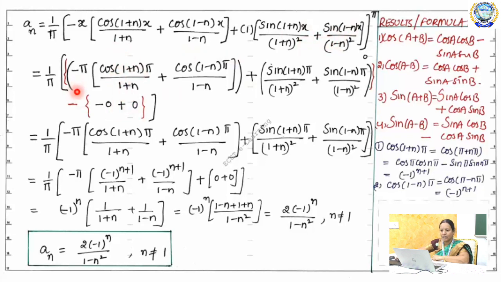Now, we have to calculate what is cos (1 plus n) pi and cos (1 minus n) pi and sine (1 plus n) pi and sine (1 minus n) pi. Let us see what is cos (1 plus n) pi. Just recall these 4 formulas.